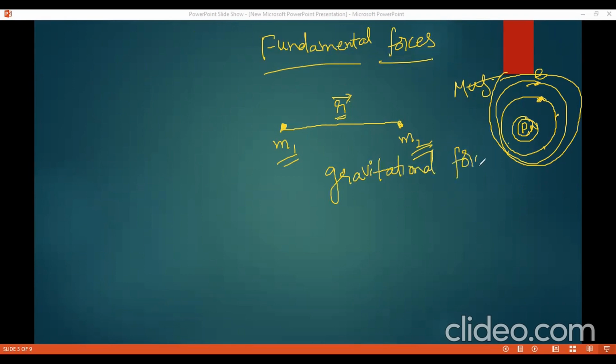Gravitational force is the force due to the interaction between two point particles which have some masses and are separated by a certain distance. Because of these two particles there exists some force, that is called gravitational force.